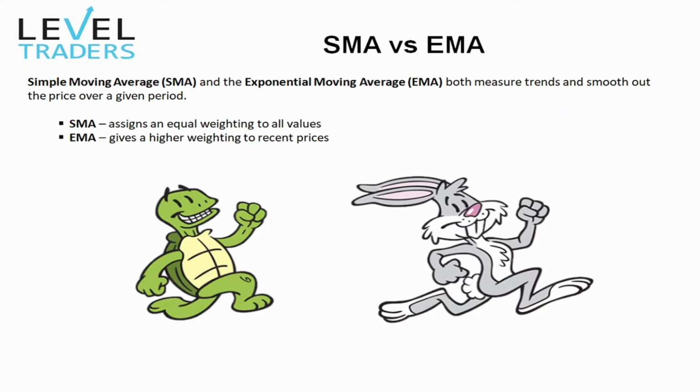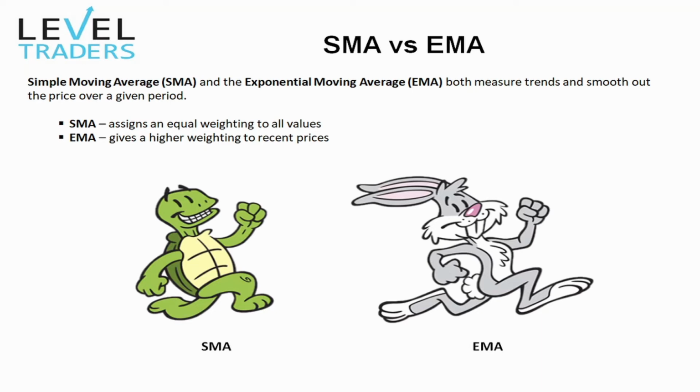So the tortoise in this example is the SMA. It moves more slowly, whereas the hare will move more quickly. So that's the EMA. So if there's one thing, guys, if there's one thing you should take away from this video, it's that. It's the fact that the EMA is more reactive. It's quicker to reflect the price action versus the SMA.